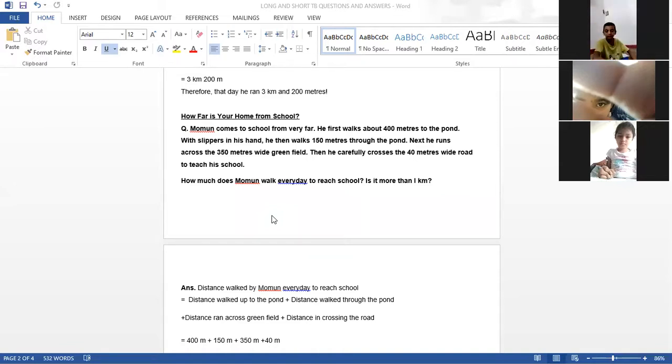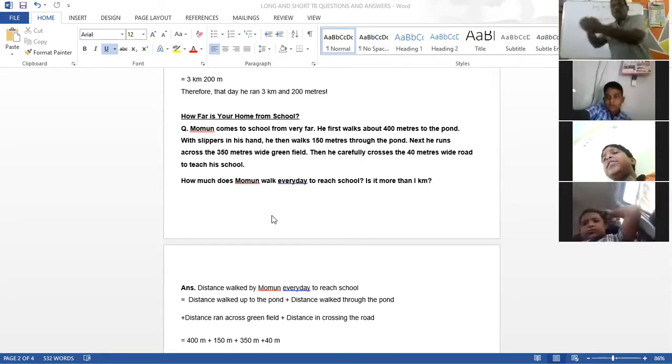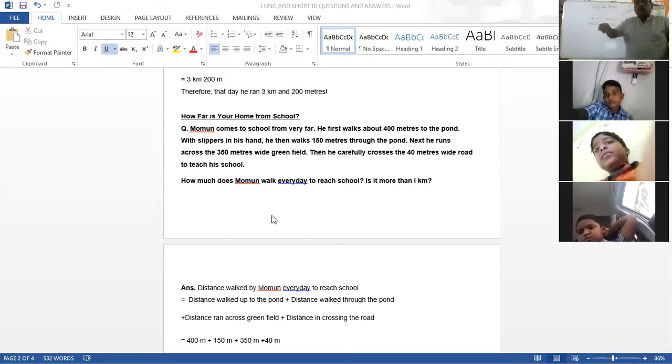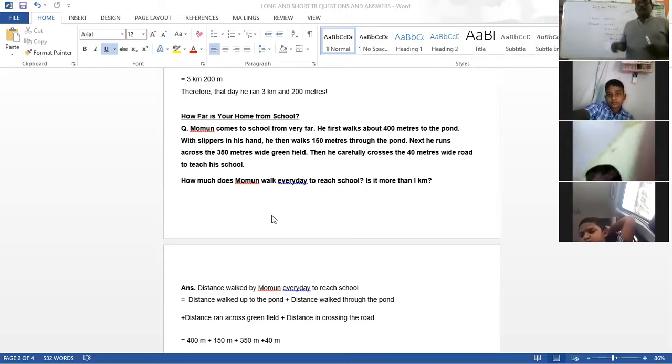Momun comes to school from very far. He first walks about 400 meters to the pond with the slippers in his hand. To come to the school, he has to cover the pond. It is full of water, so he will hold the slippers and cross the pond barefoot.